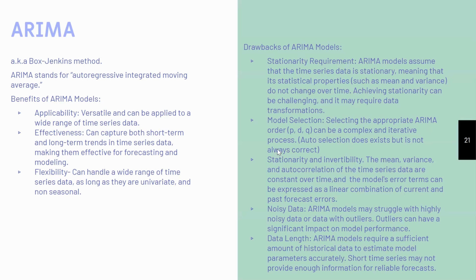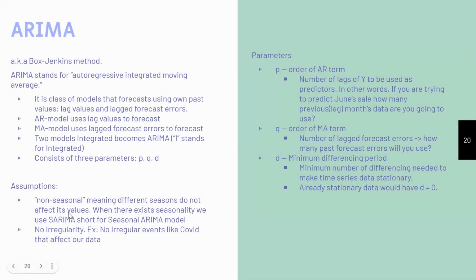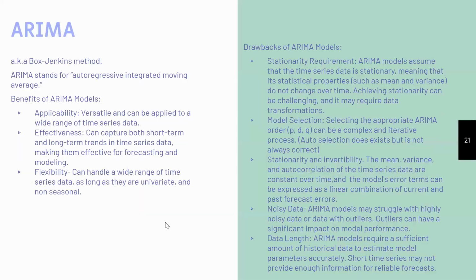I already mentioned stationarity, but also invertibility, which means the model's error terms can be expressed as linear combinations of current and past forecast errors. It also doesn't work well with noisy data or data with irregularities, things that don't usually happen.